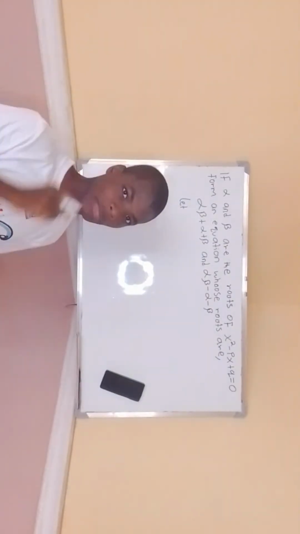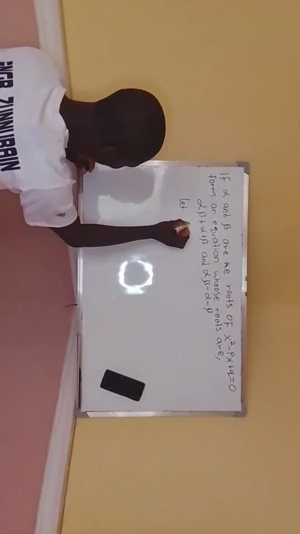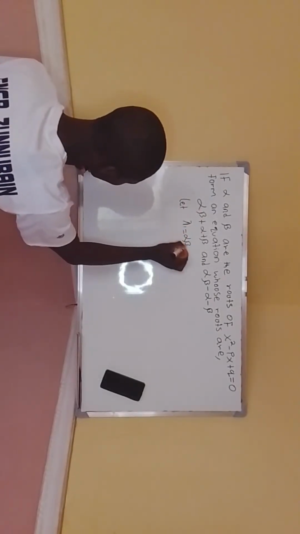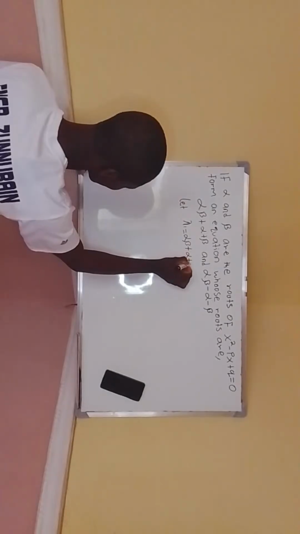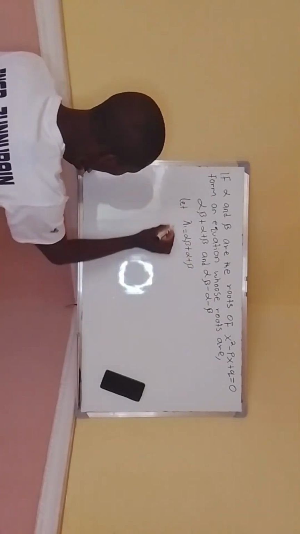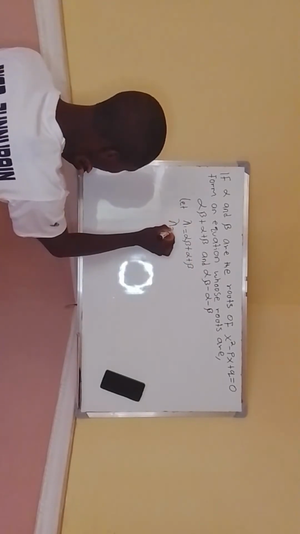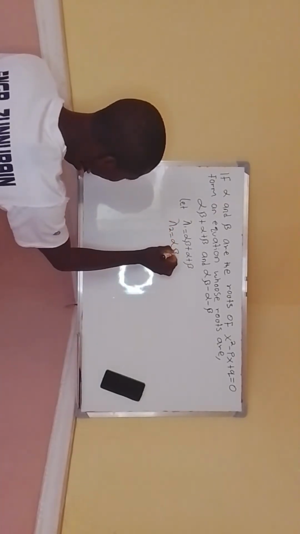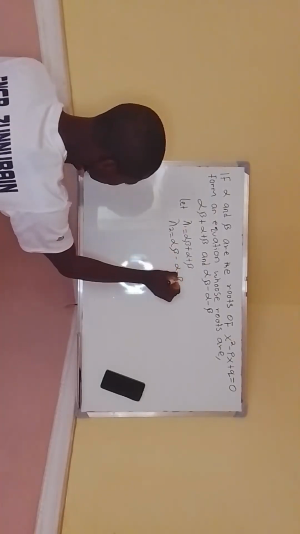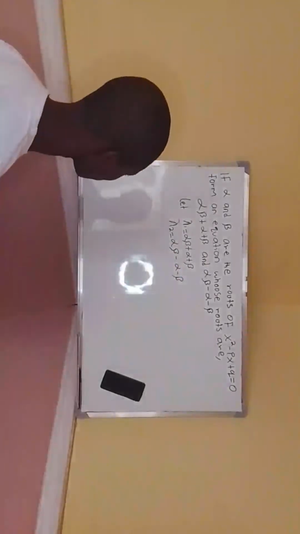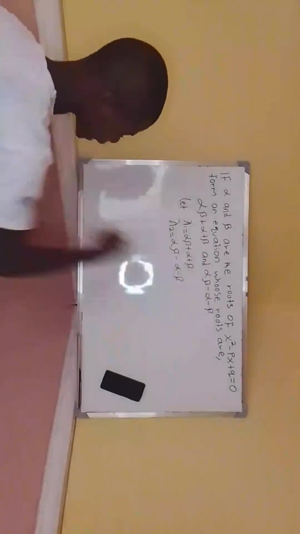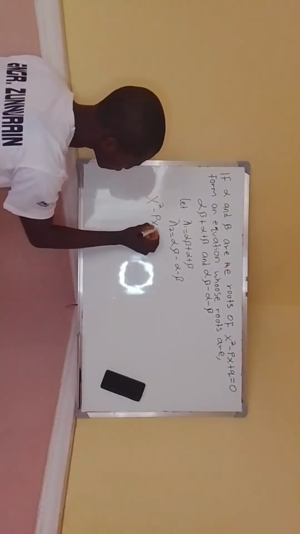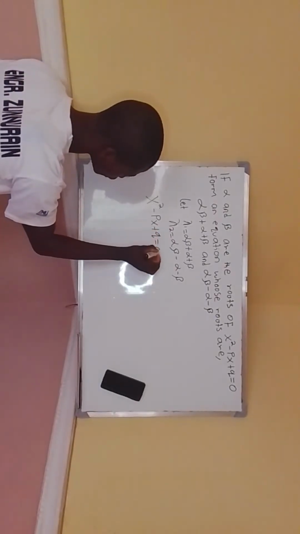Let's say lambda 1 is equal to the first root, alpha beta plus alpha plus beta, and lambda 2 is equal to the second, alpha beta minus alpha minus beta. Now, looking at x squared minus px plus q equals 0.